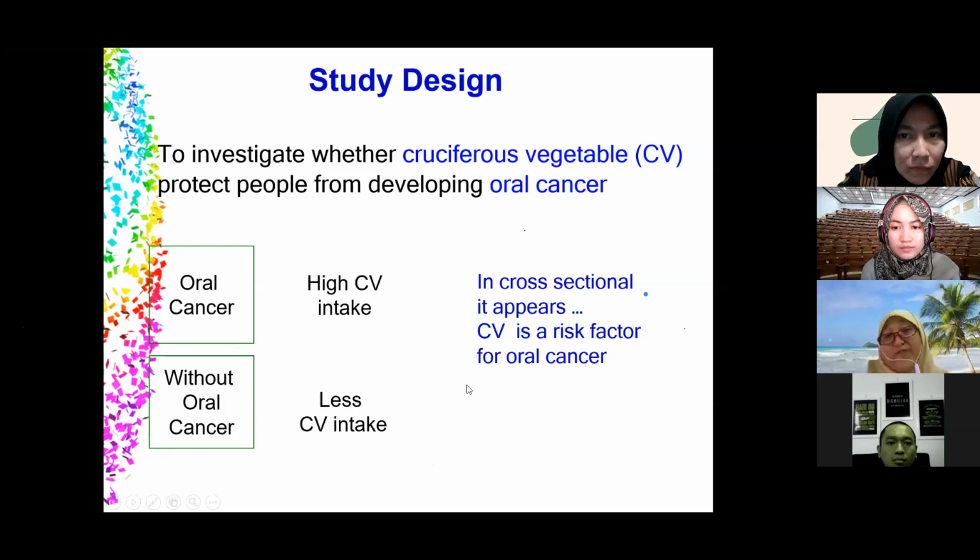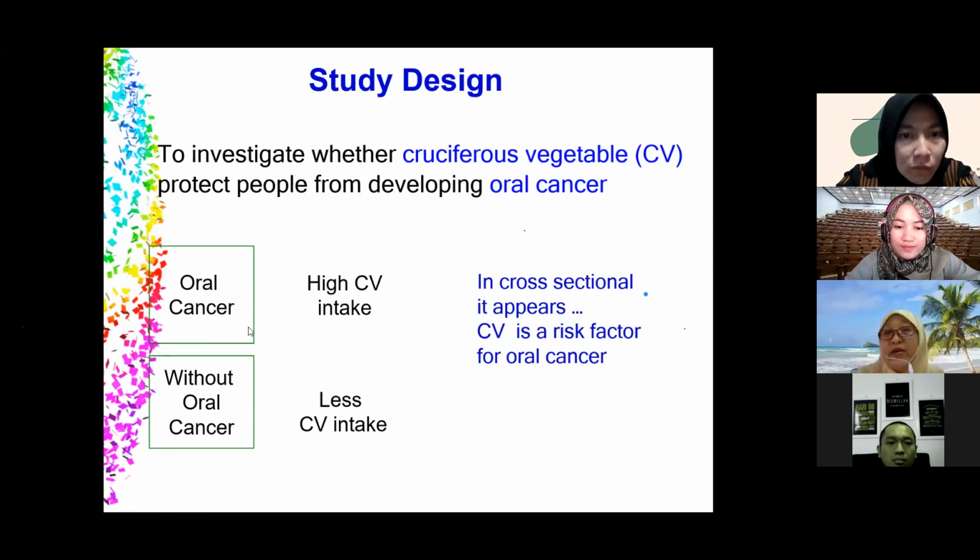And with this finding, the paper may conclude, oh, actually, taking more cruciferous vegetable can lead to oral cancer. Oh, maknanya, and then because you have no knowledge about research methodology, for example, then you think makan cauliflower semua ni tak bagus sebab dia a risk factor for oral cancer.